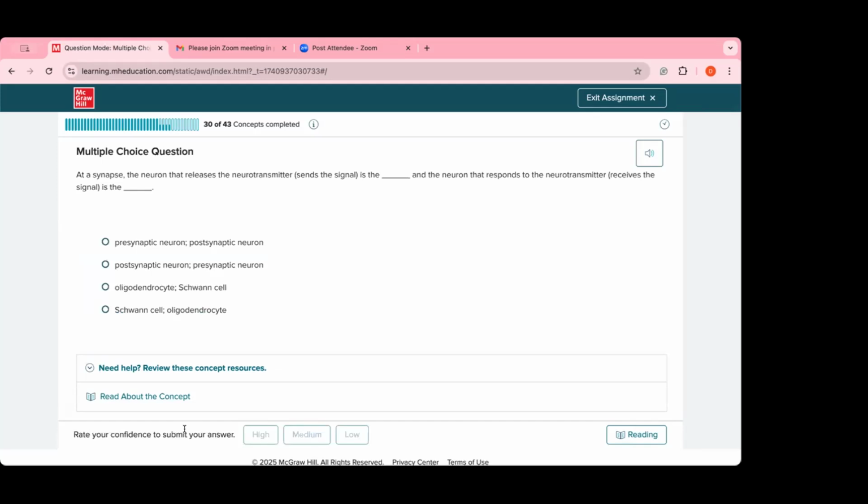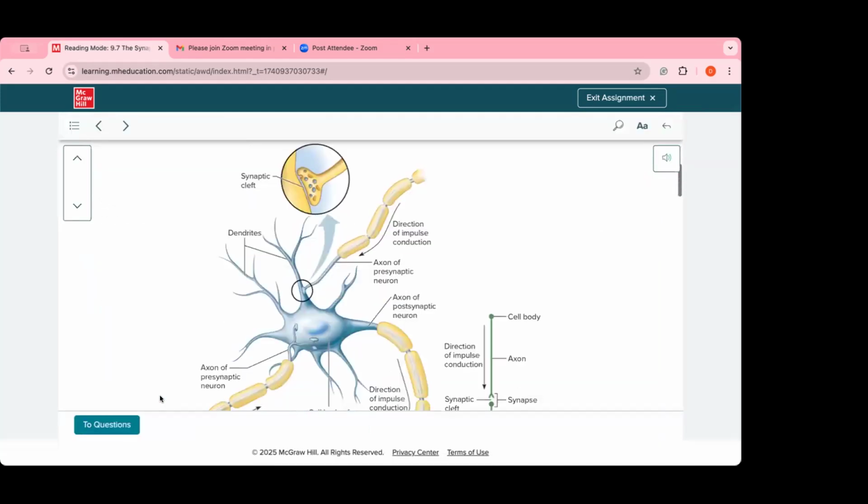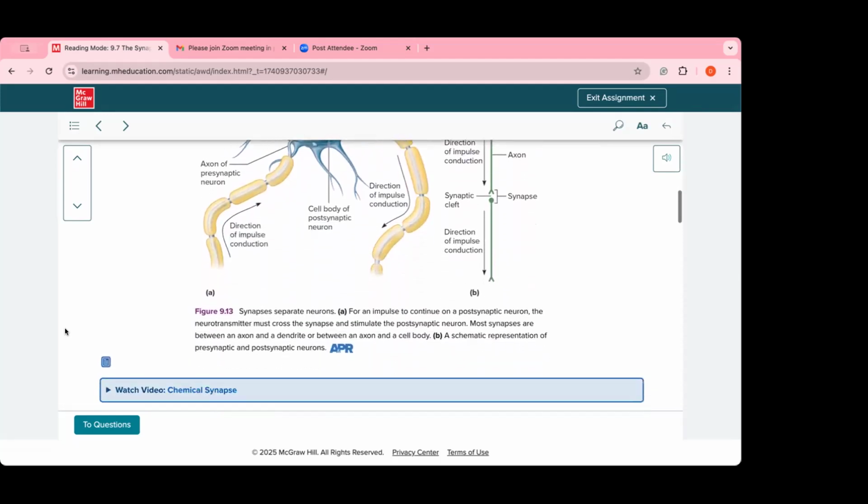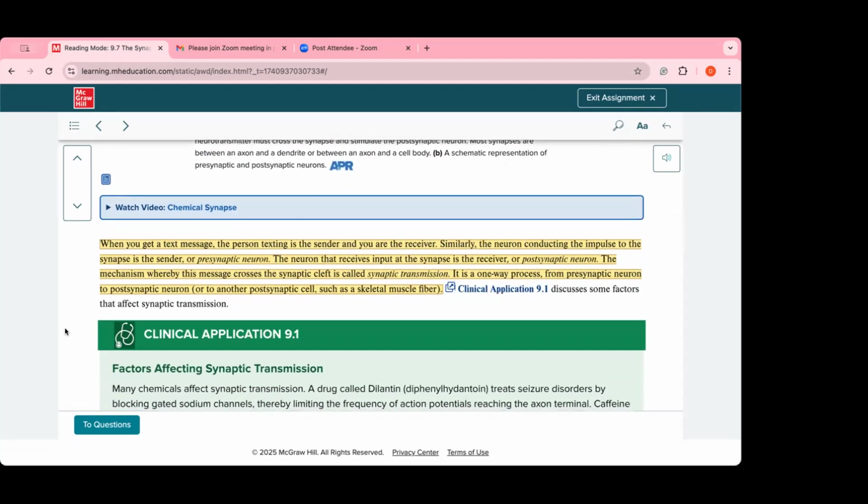At a synapse, the neuron that sends the signal is the blank, and the neuron that receives the signal is the blank. Okay, let's look at the book and see. So we have to scroll past the picture. When you get a text message, the person texting is the sender and you are the receiver.